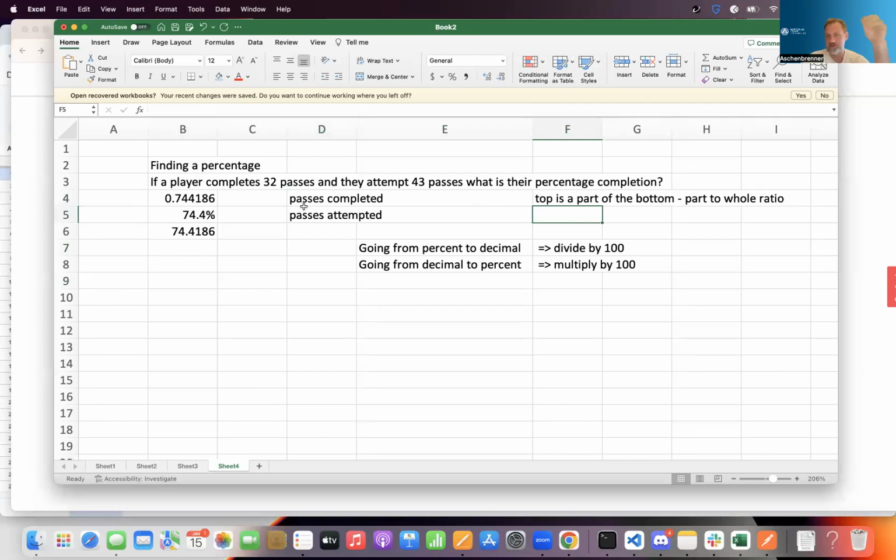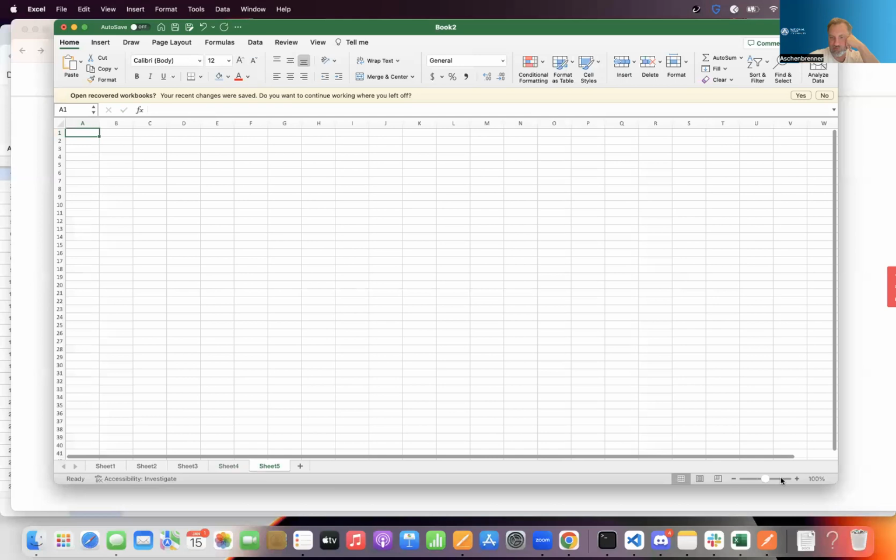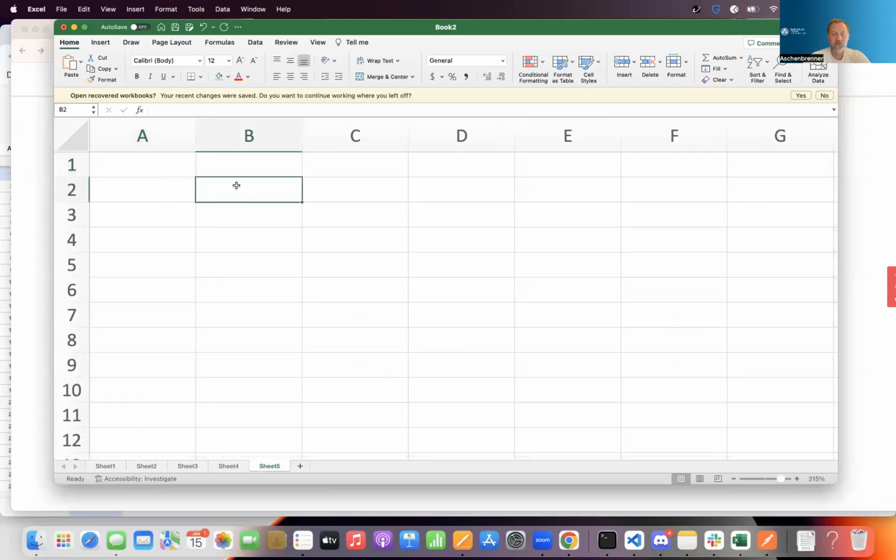Often when we're making a percentage, that's the situation we're looking at. There is a part, which will be the top, and a whole, which will be the bottom. But let's move into a more complicated situation, because often we're interested in how things change.